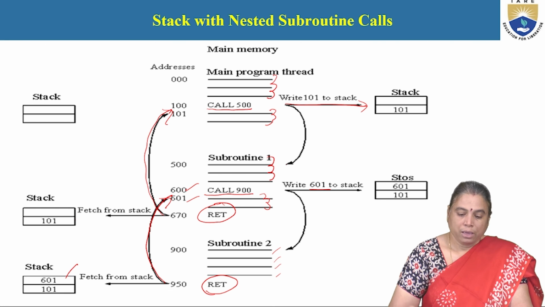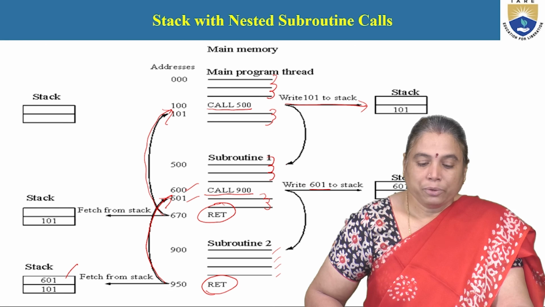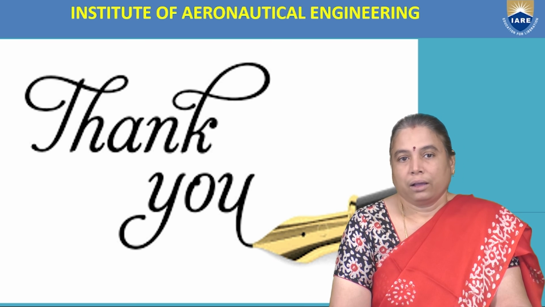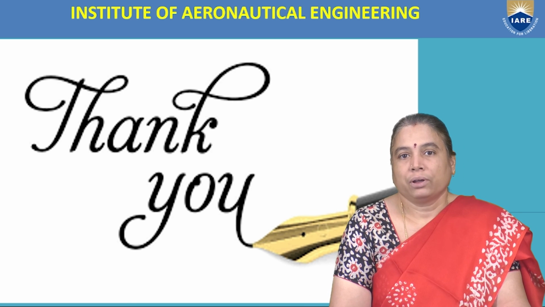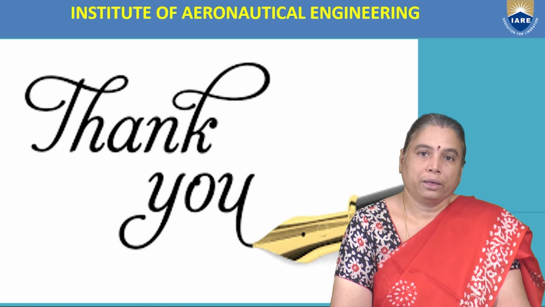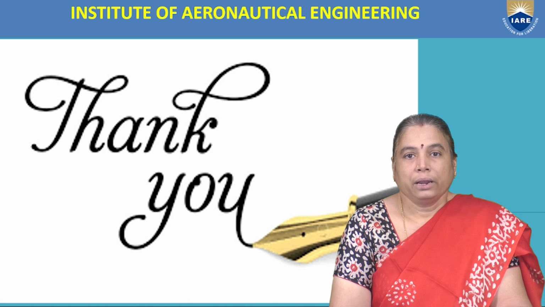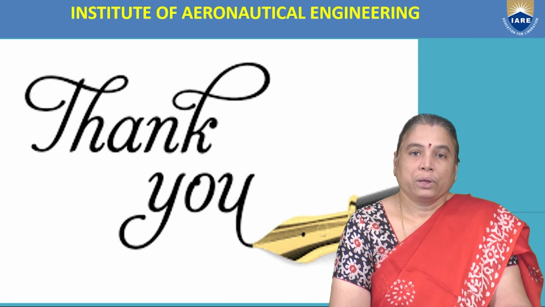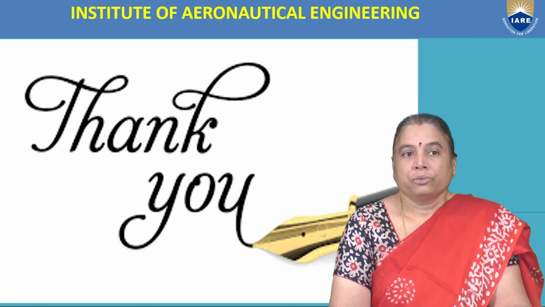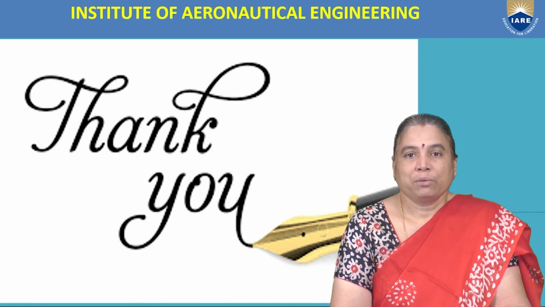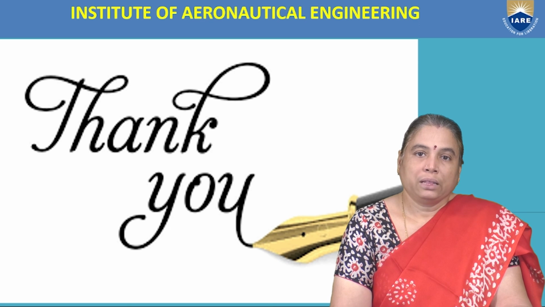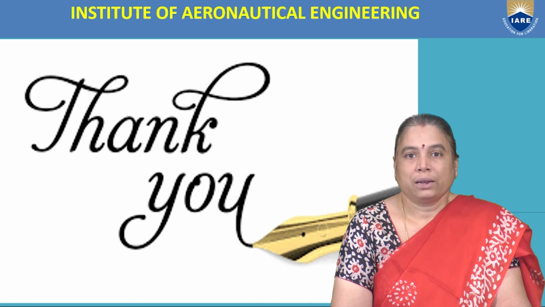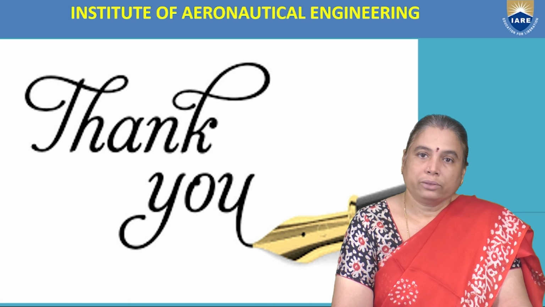Not only that, by using program control instructions the program sequence can be altered, but by using interrupts and subroutine calls also, the program control can be altered. So these calls can be effectively managed with the stack data structure, and we discussed how this is efficiently managed with examples.